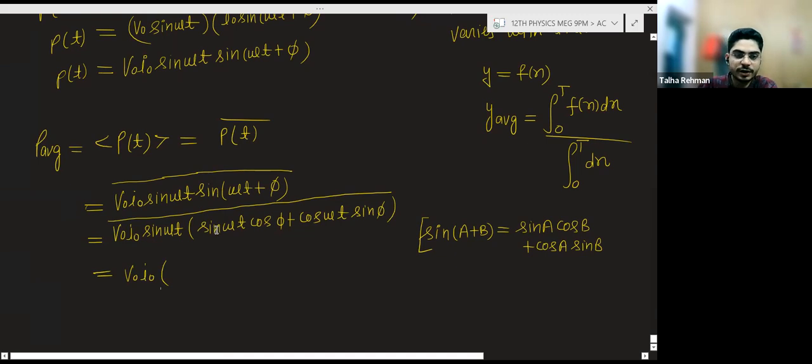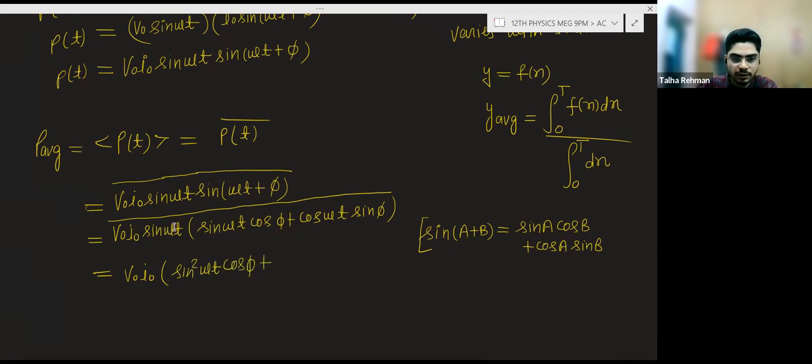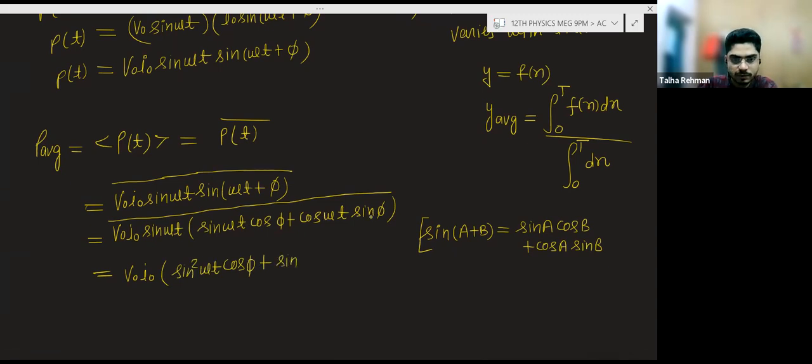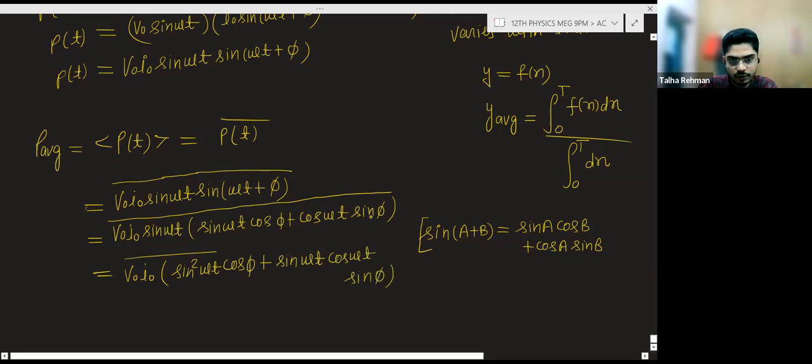This will become sine square omega t cos phi plus sin omega t cos omega t sin phi. There is one bar on the whole of this.